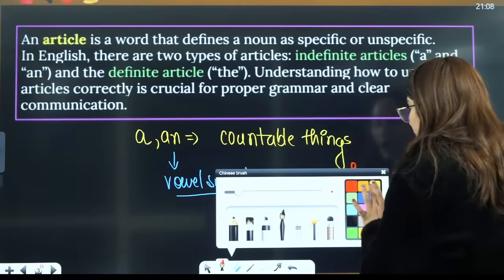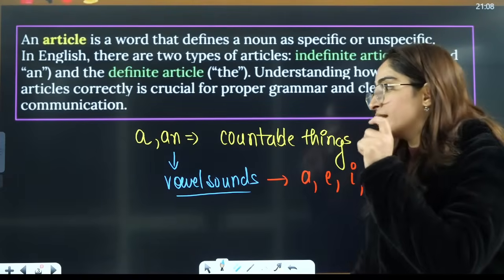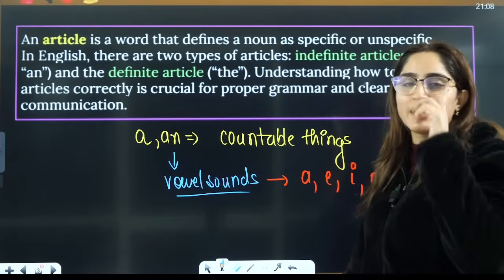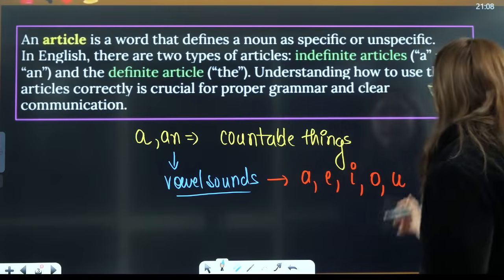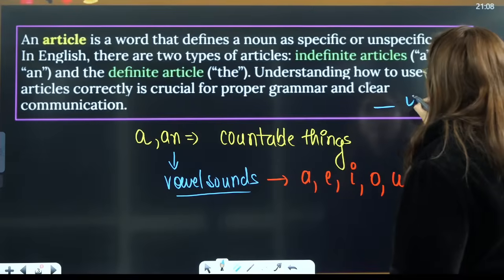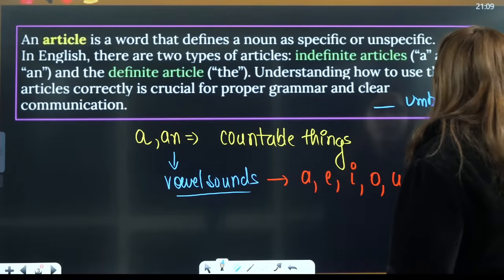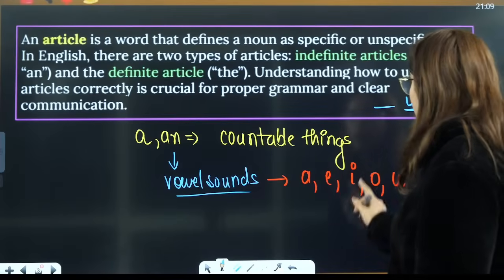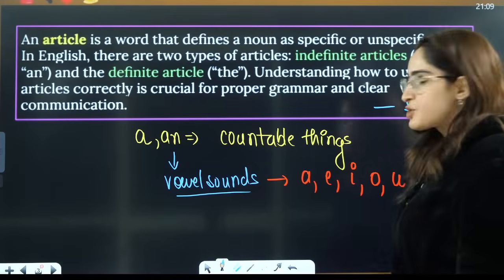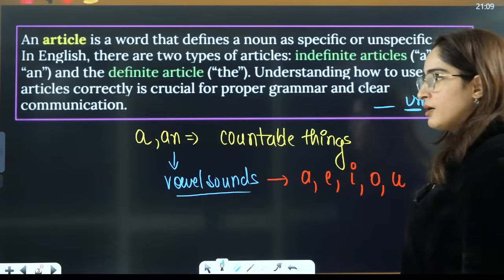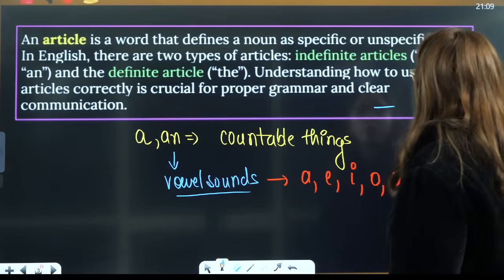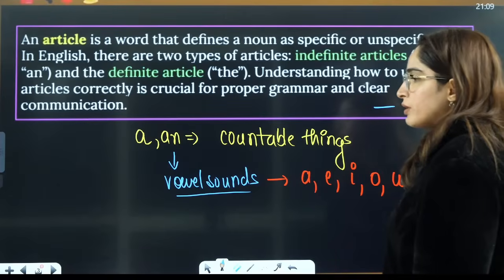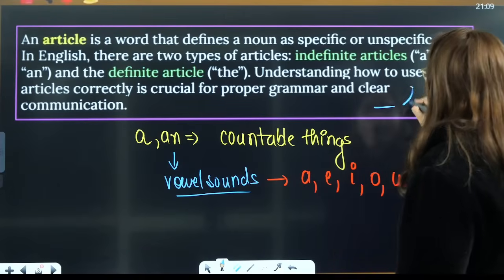We should not look at the first alphabet here, because in that case, if I say umbrella, or uncle, or let's talk about honest.